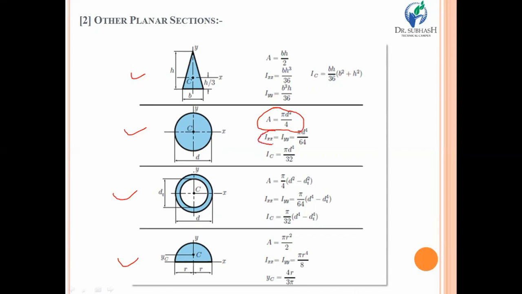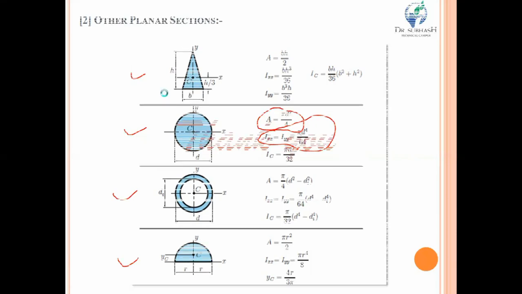Ixx and Iyy will become pi by 64 d raised to 4. And Ic, that means the moment of inertia about the centroidal axis, will be pi by 32 d raised to 4. In a similar way, you can calculate and derive the relation for the moment of inertia about any axis in the same way that we have discussed in the previous slide.